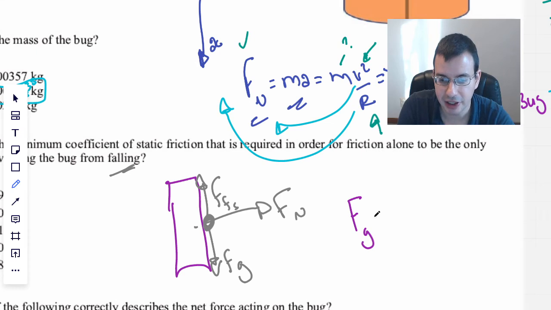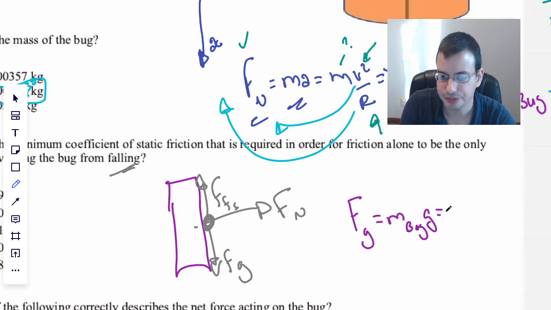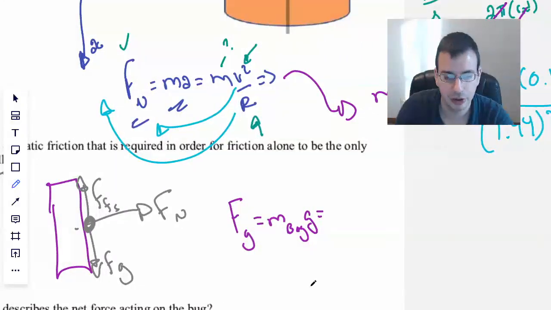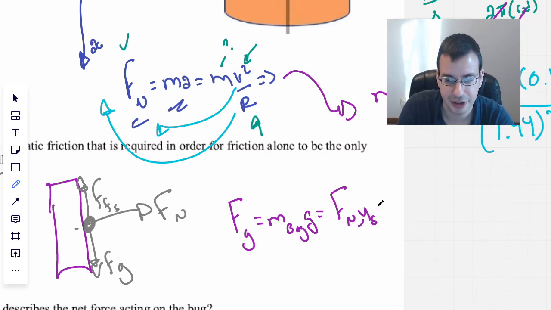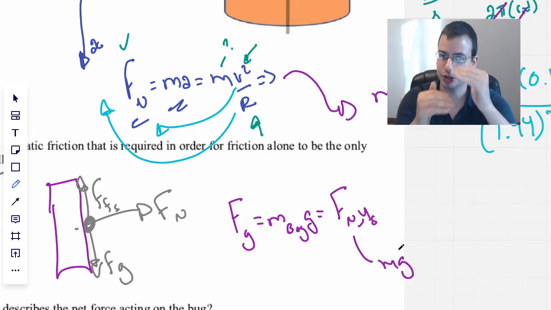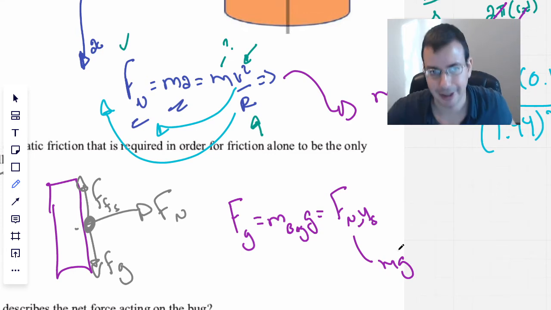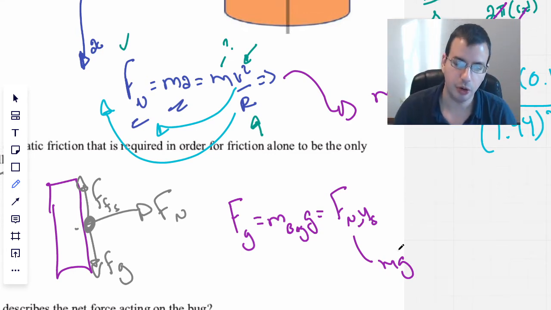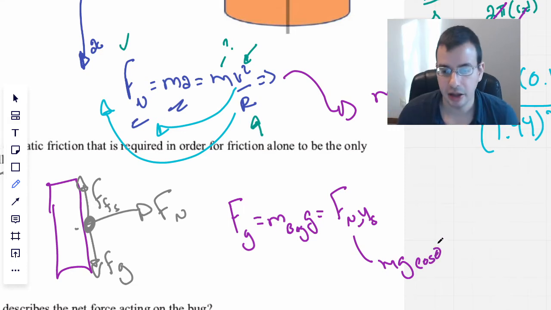Force due to gravity equals mass of the bug times gravity, which will equal force normal times the static coefficient of friction. Normally we would also write the force normal as mass times gravity, because usually the force normal is due to something just sitting on the ground, or mg cosine theta if we have something on a plane.